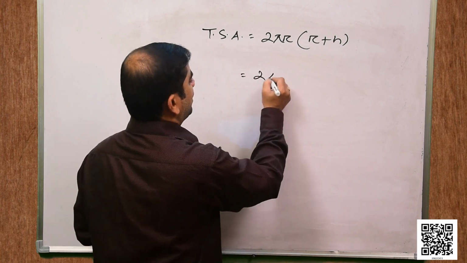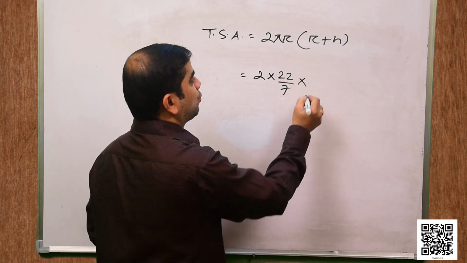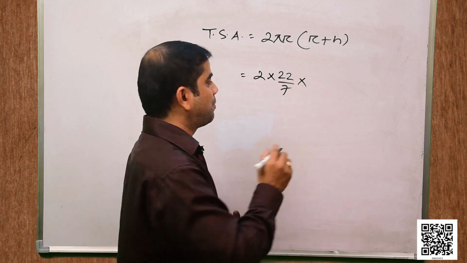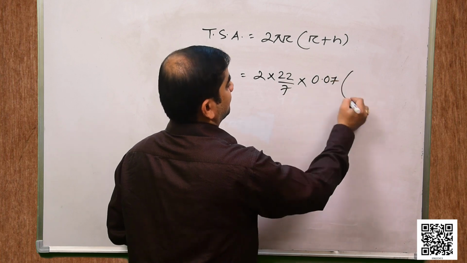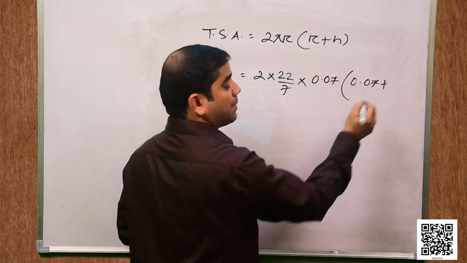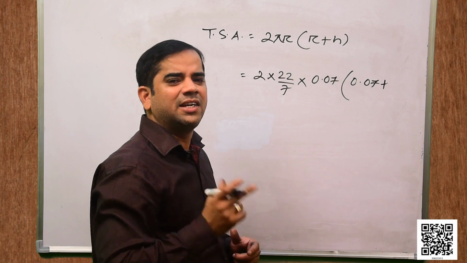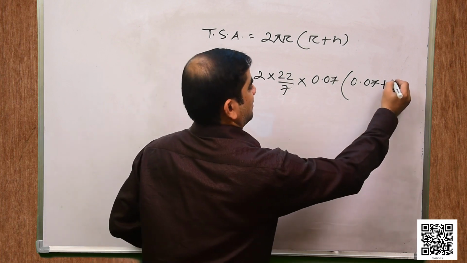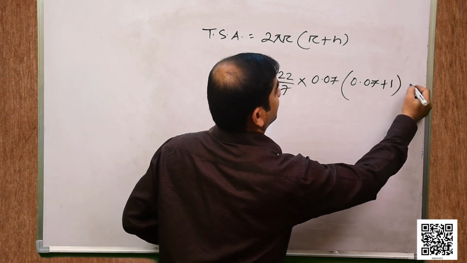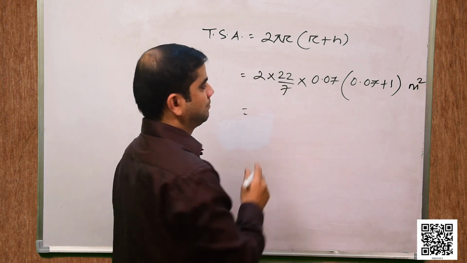So, this is 2 into 22/7 into r. What is r? It is 0.07. So, 0.07 plus height. What is your height? It is nothing but 1 meter. So, this much meter square.